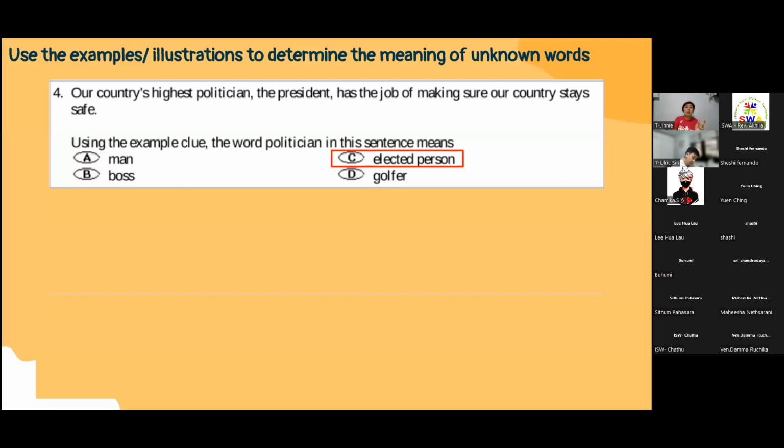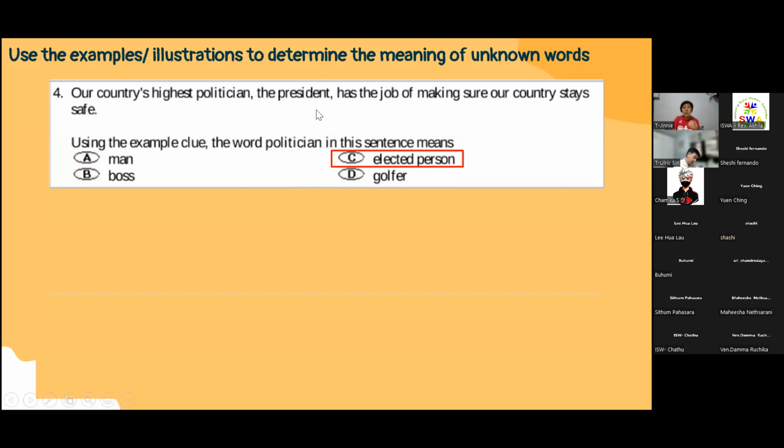The president is someone who is elected in most countries. In many countries, such as Singapore, our president is elected into the office. So our country's highest elected person, comma, the president.